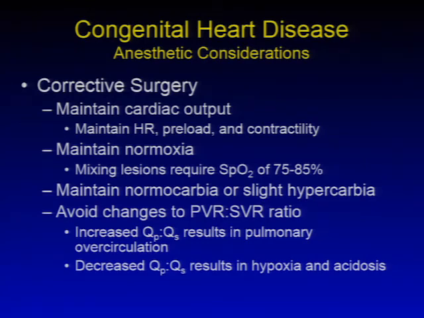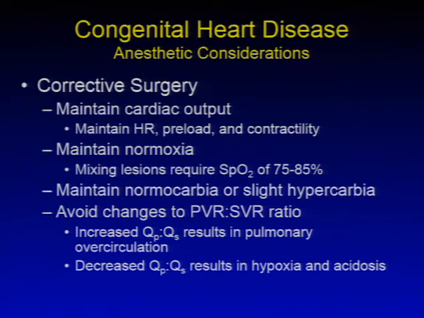And these children typically have a saturation of around 75 to 80% on their pulse ox. And these children should be maintained at that level. And in addition, normocarbia should be maintained, and in children that are exhibiting some degree of pulmonary overcirculation, it might be prudent to allow slight hypercarbia to increase PVR and decrease the pulmonary blood flow.